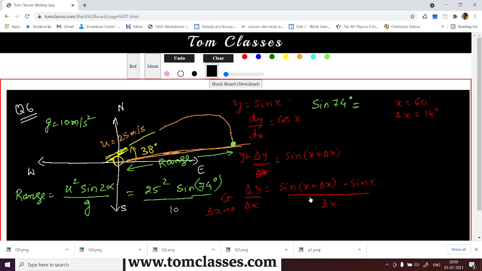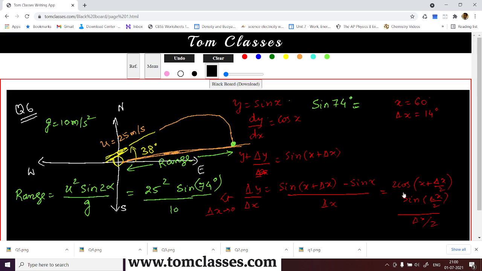That will become 2 cos of x plus delta x by 2, and then sine of this minus this, so delta x by 2, and then delta x, right?